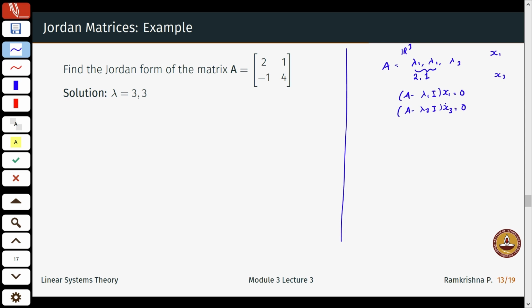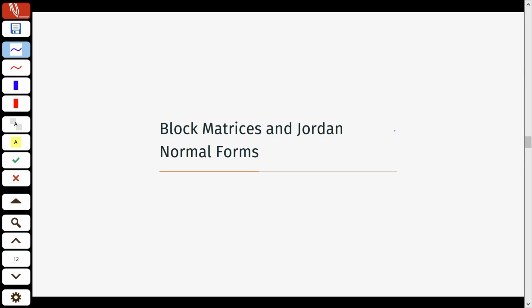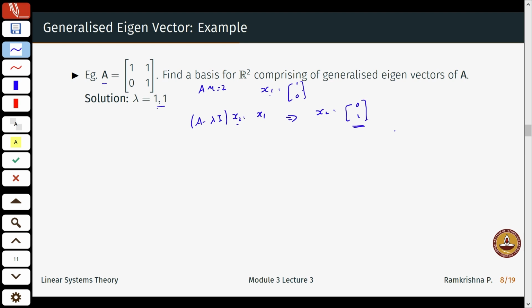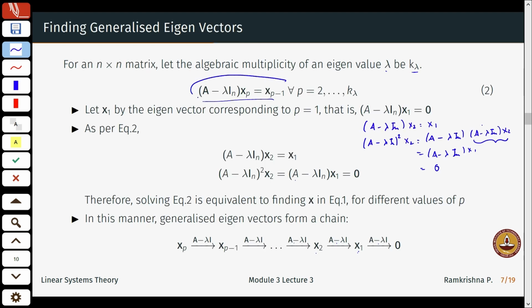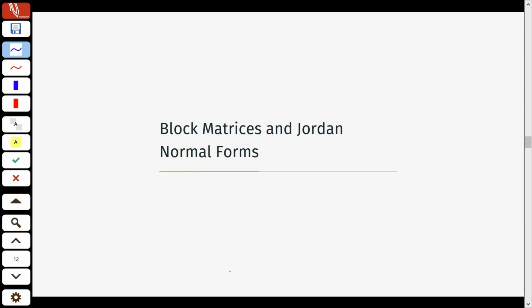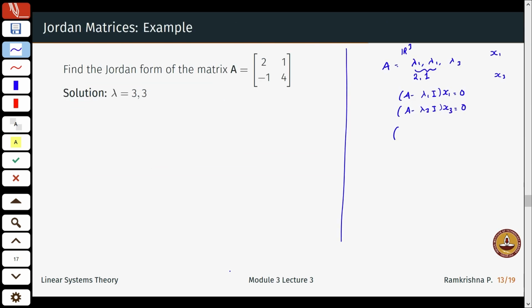Now, I need to find another eigenvector. So, let me recall this expression of a generalized eigenvector. If I rewrite this, I will get an equation which looks like this: A minus lambda 1 I times x2 is equal to x1.